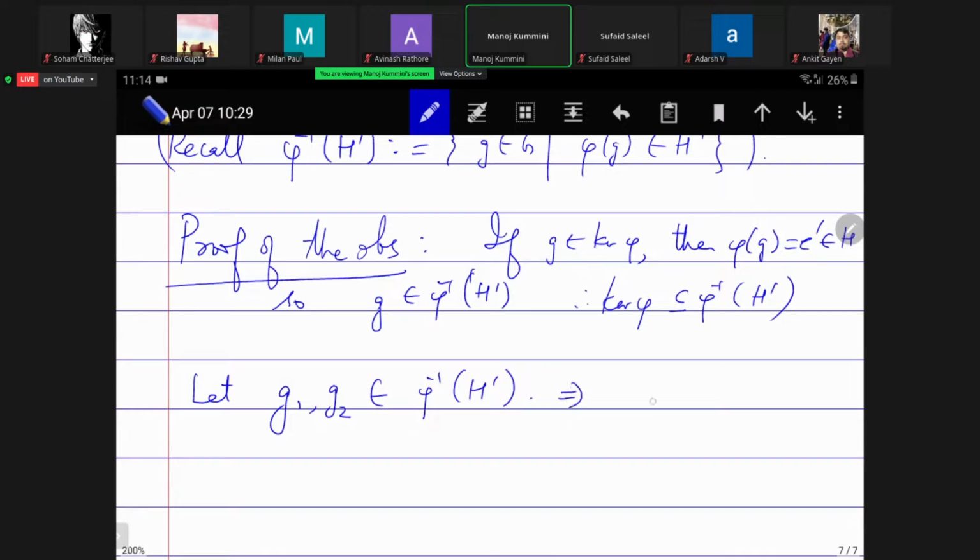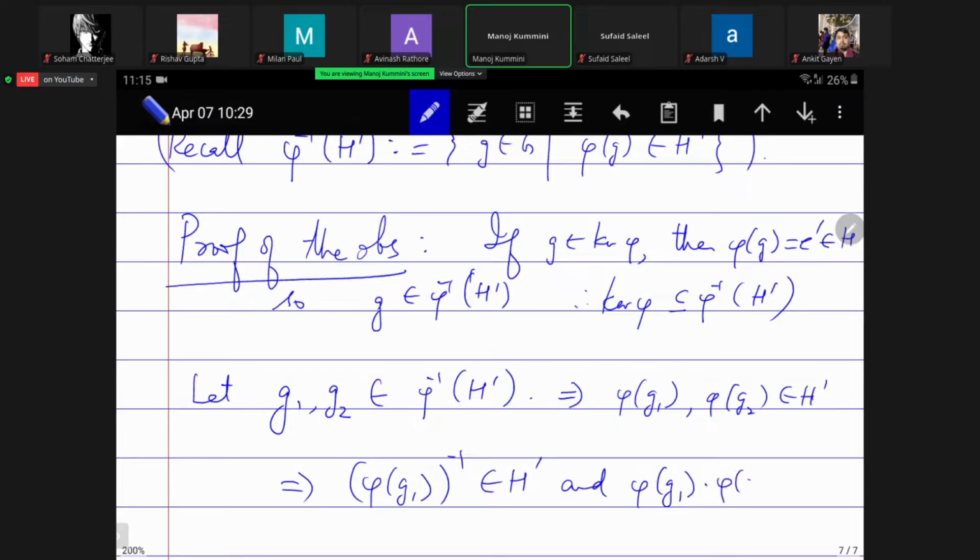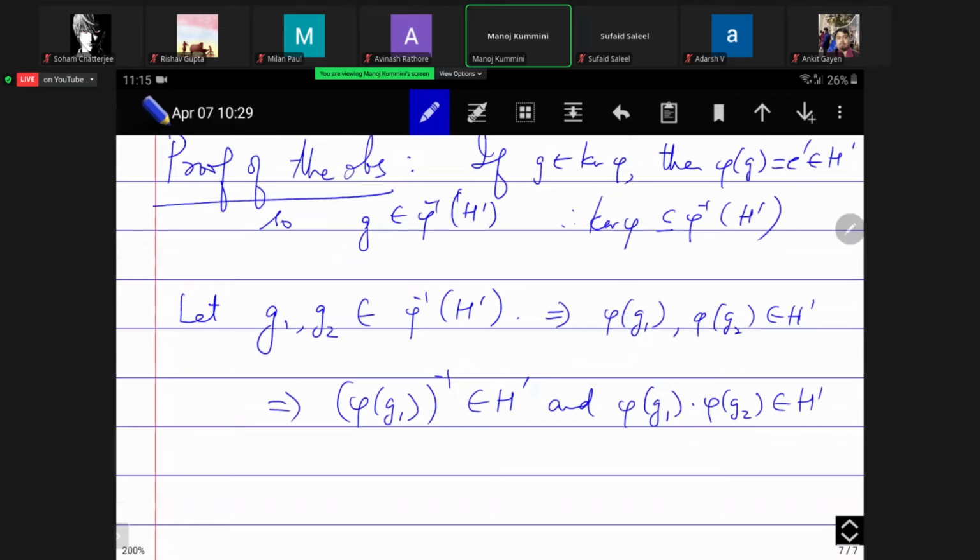So this implies that phi of G1 and phi of G2 are inside H prime, which implies that phi of G1 inverse is inside H prime, because H prime is a subgroup, and phi of G1 times phi of G2 is inside H prime. But what are these elements? This is phi of G1 inverse.